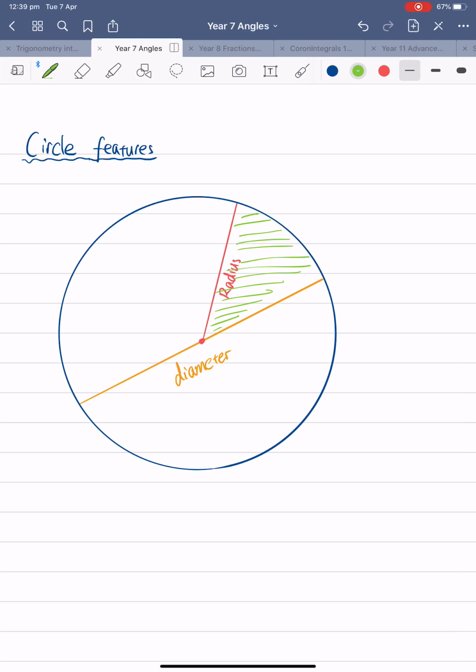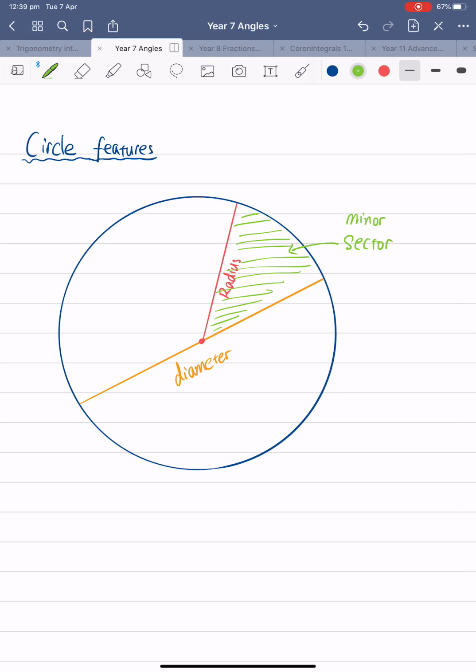Because this is less than a semicircle, we can also call that a minor sector. If it's more than a semicircle, then we call that a major sector.